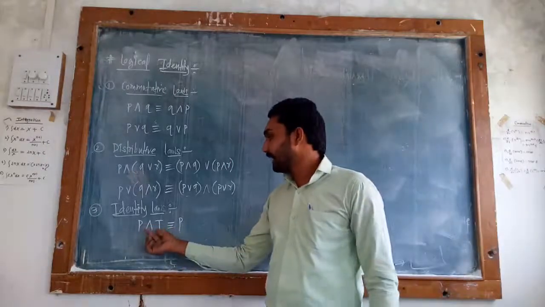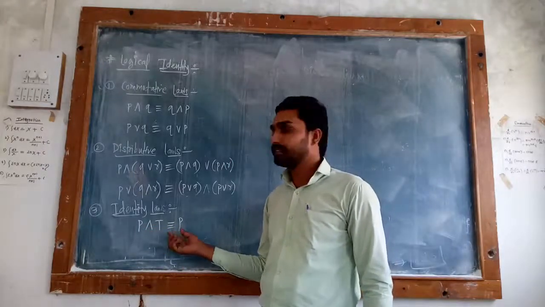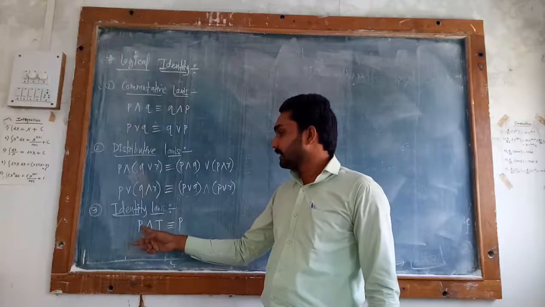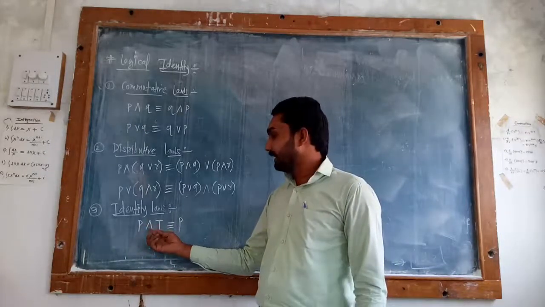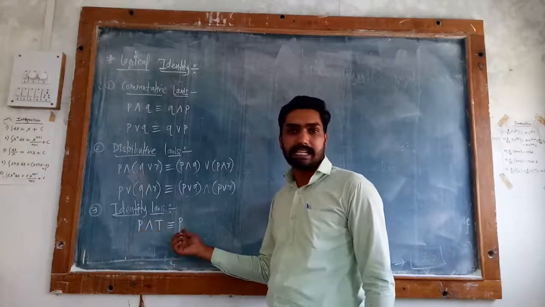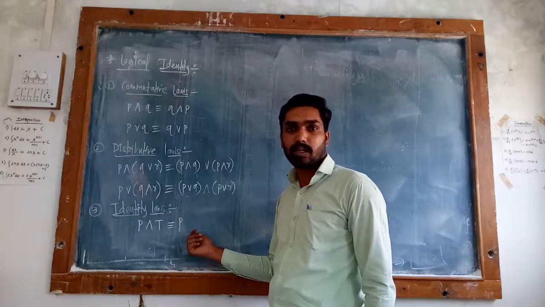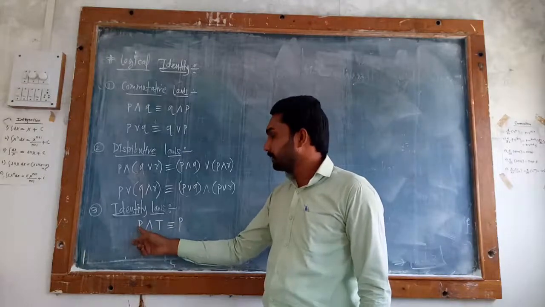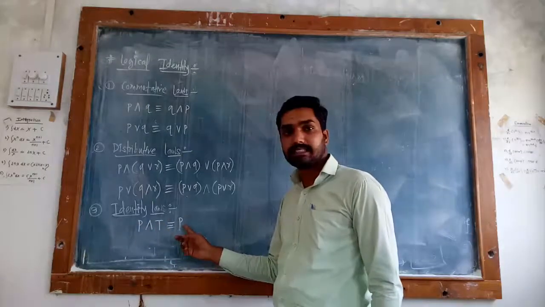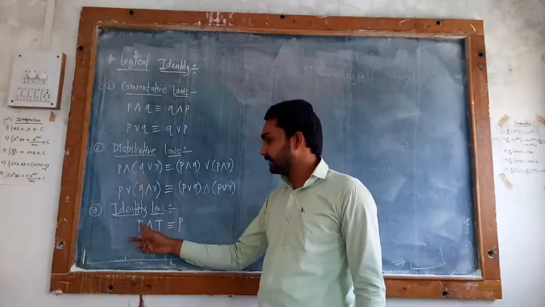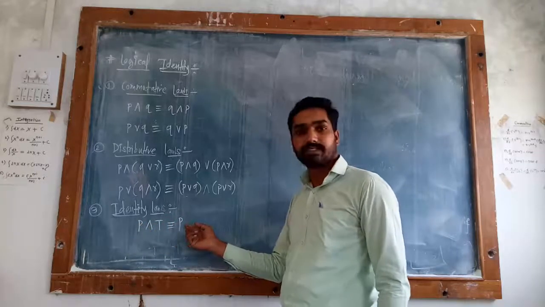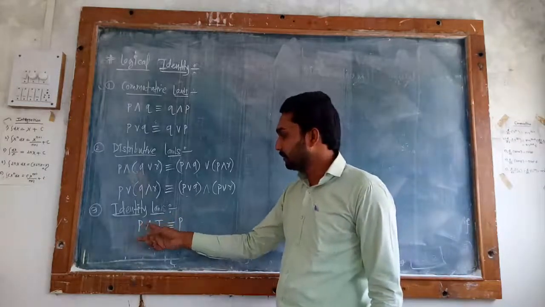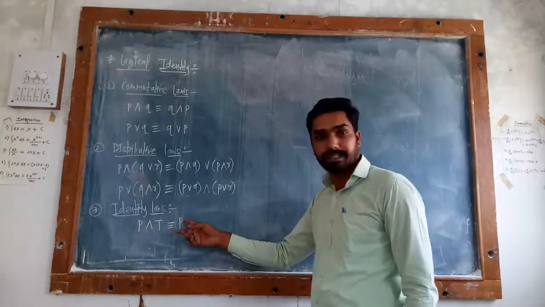That means P and T is logically equal to P. If the value of P is T, then in AND, T and T is T, and in the remaining cases the value is F. So if P is T, then T and T is T, and if P is F, then F and T is F. That means P and T gives your identity, that is P, right?